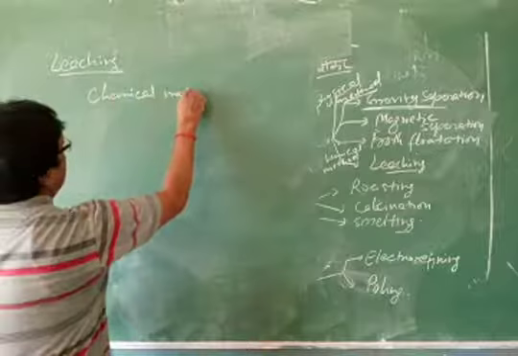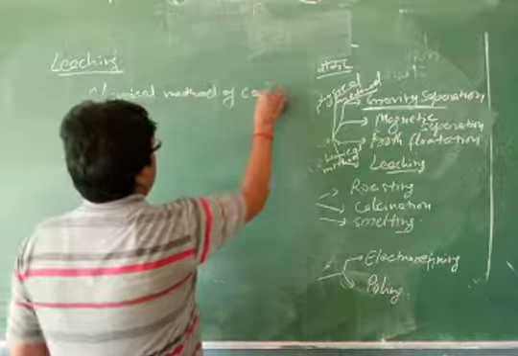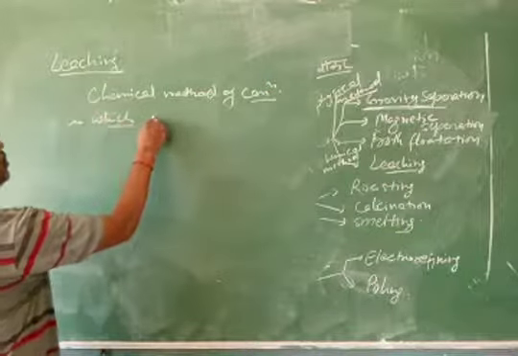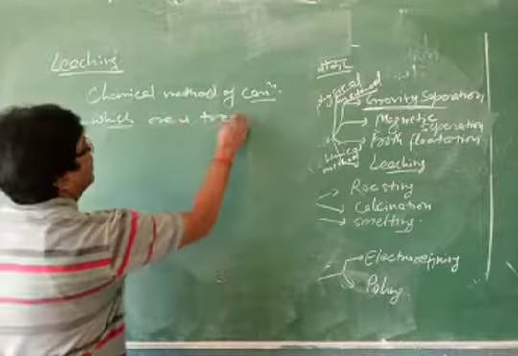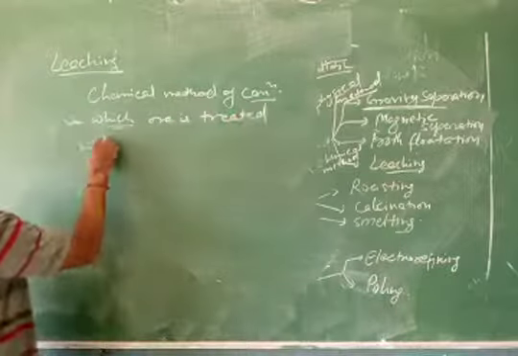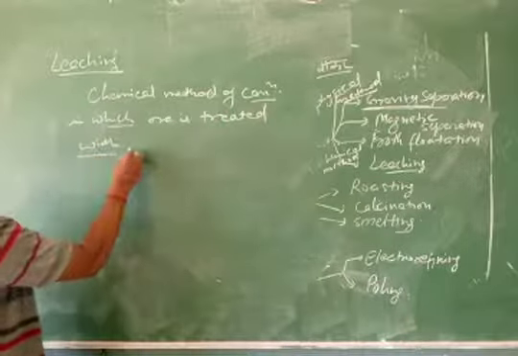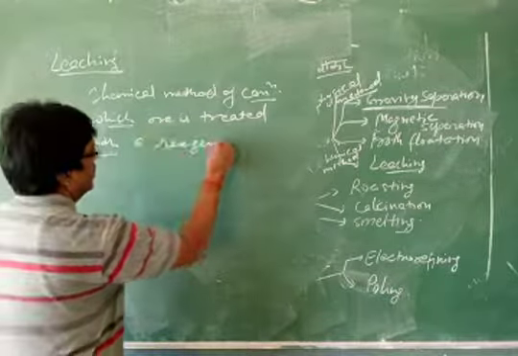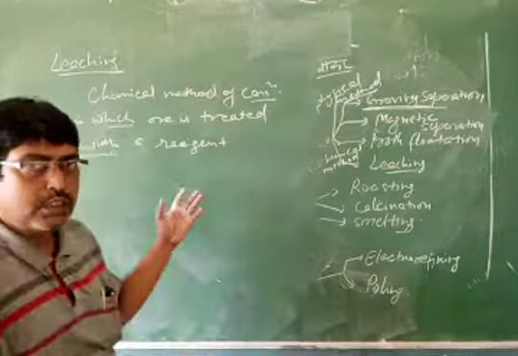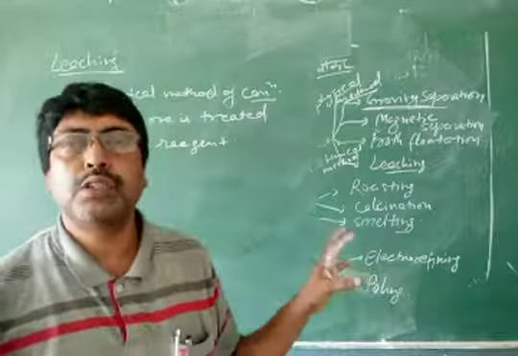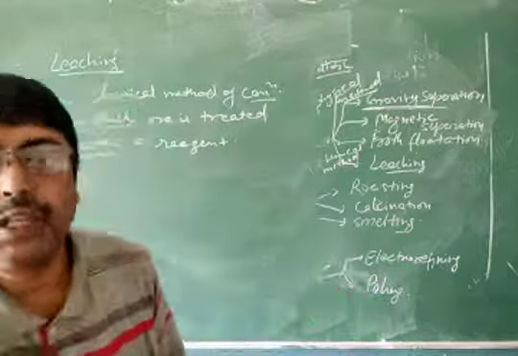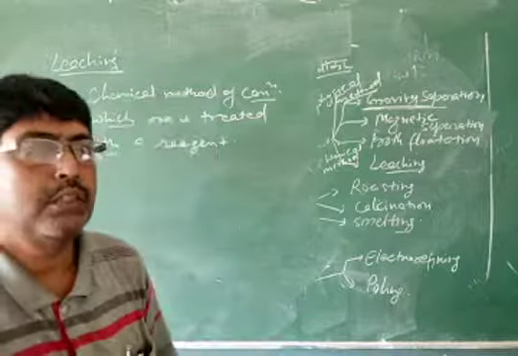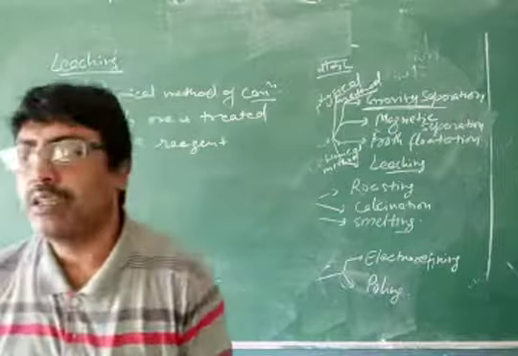Leaching is a chemical method of concentration in which the ore is treated with a reagent. This is based on the principle that the ore is dissolved in that reagent, but impurities or gangue particles are not dissolved in that reagent.